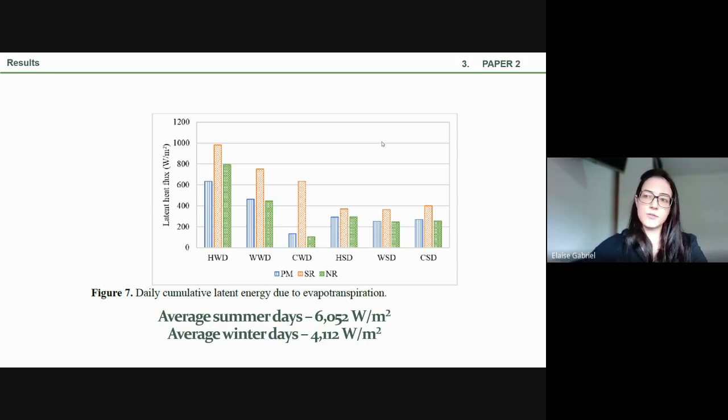Since this transmissivity varies between winter and summer scenarios, the latent heat changes as a function of these factors. So for example, solar radiation varied slightly between typical summer days, but with high values of around 6,000 watts per square meter between the 3 summer days, and the transmissivity was generally constant, with a value of 0.25.